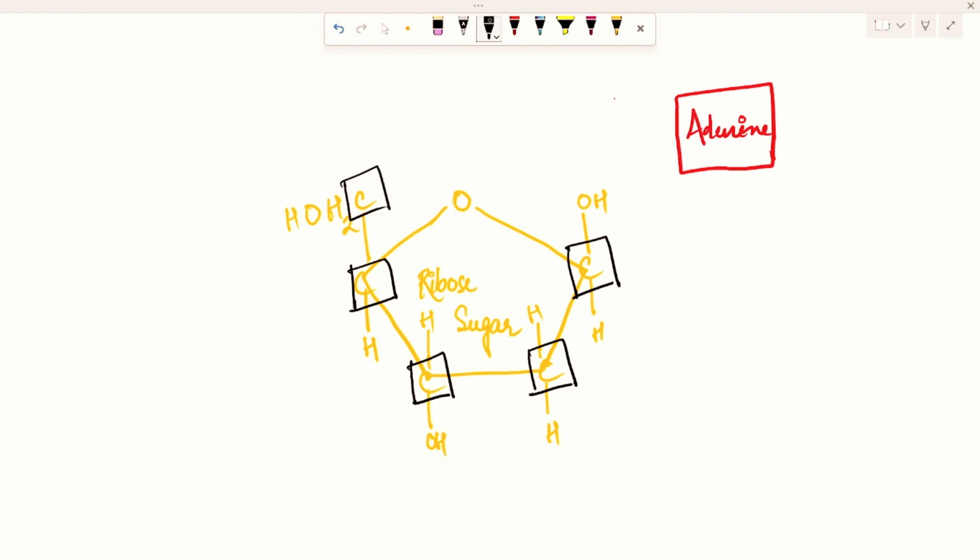Now adenine attaches to the first carbon like this. It forms a bond with the first carbon.